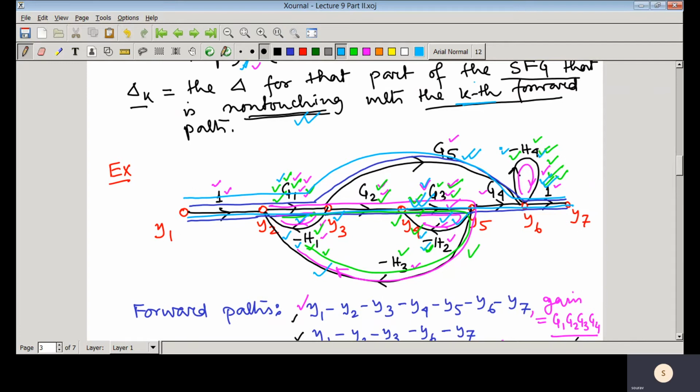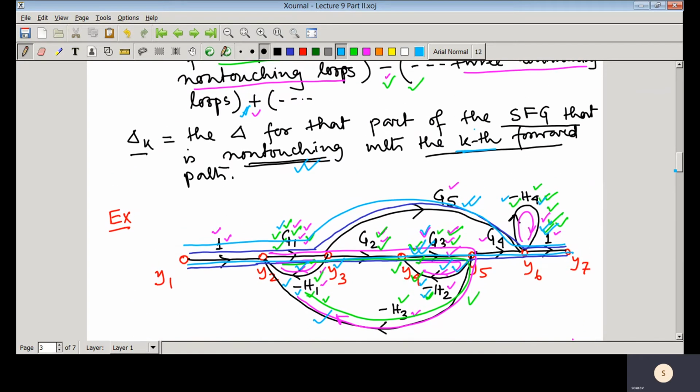This is the delta for that part of the signal flow graph which is non-touching with the kth forward path, here k equal to 2.